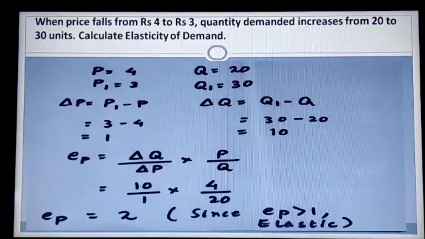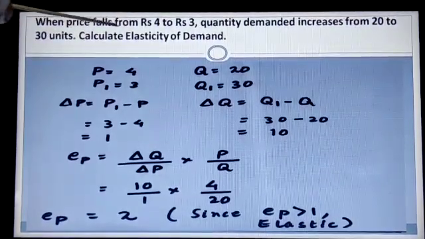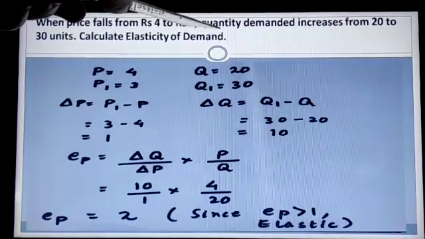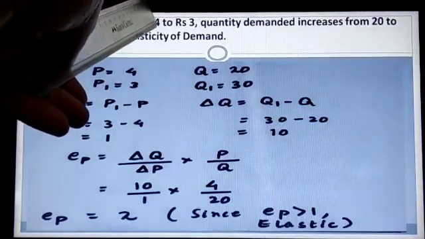I told you what P is. P is the initial price, P1 is the new price, Q is the initial or old quantity, and Q1 is the new quantity. Now see, when price falls from 4 to 3, first the price was 4, now the price is 3. So P will become 4.